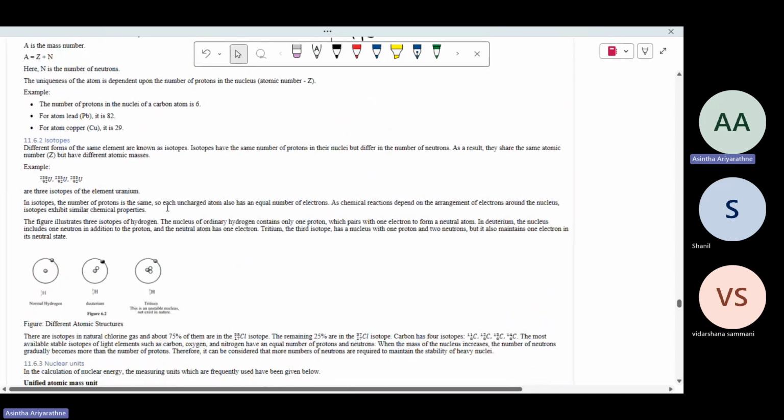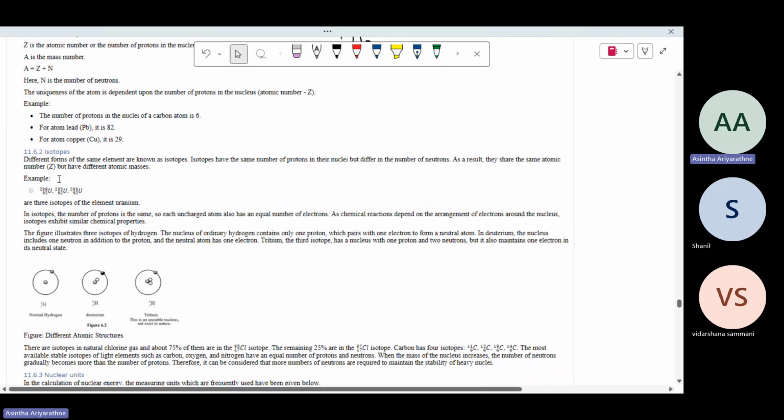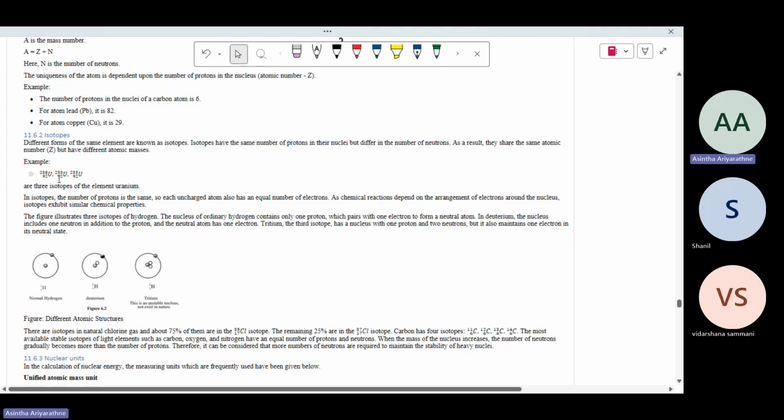Then isotopes, right? There are elements having the same number of protons but a different number of neutrons. Those are called isotopes. Here you can see when we consider these 3 uranium elements, the number of protons is the same, 92, but the mass number is different: 238, 235, and 233.